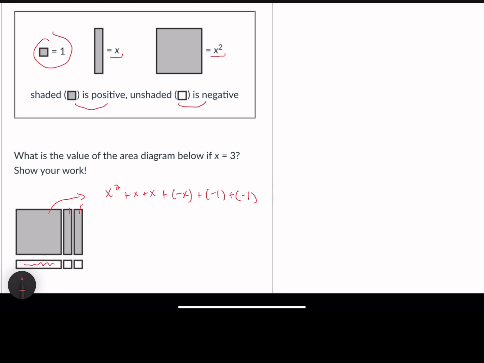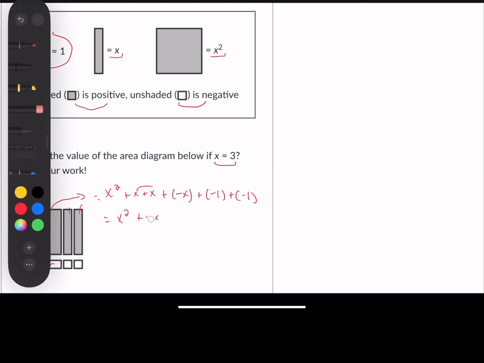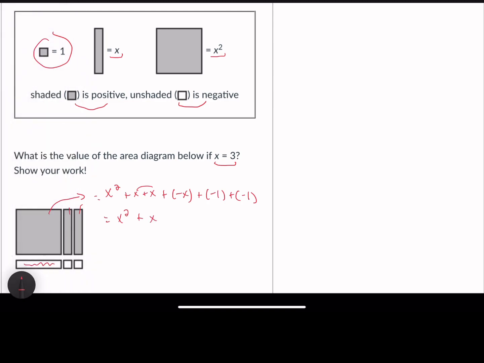And so what we're going to do here, when we want to know what the value of the area diagram is if x is equal to 3, is get a simplified polynomial formula. So we're going to add like terms over here. So we're going to go x squared plus 2x minus x. So that's actually just going to be x. And then plus -1 plus -1, that is going to be minus 2.